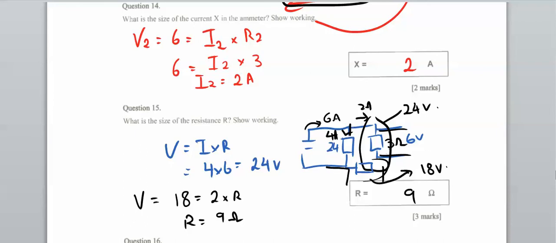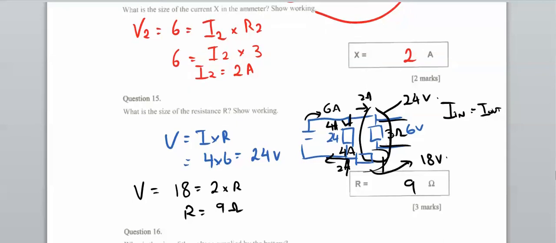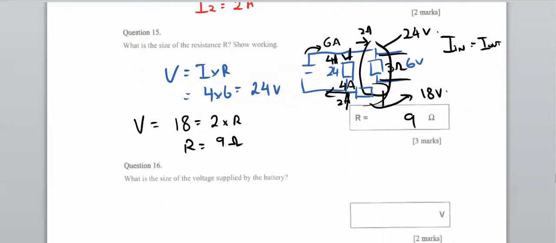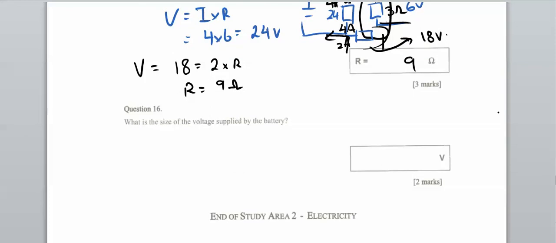Then they meet up here, where 4 amps meets 2 amps for a total of 6. So the current in is equal to the current out, and the resistance is 9 ohms. That's a tricky question. That will probably be the hardest one on the exam.